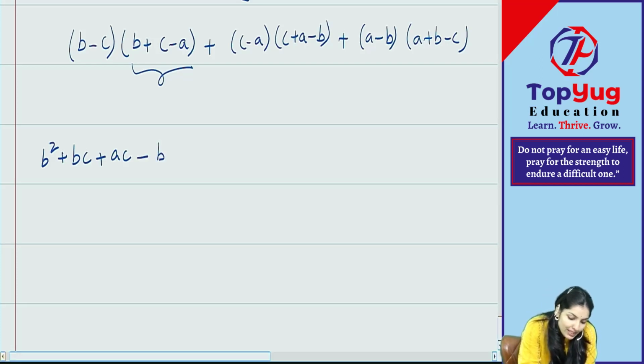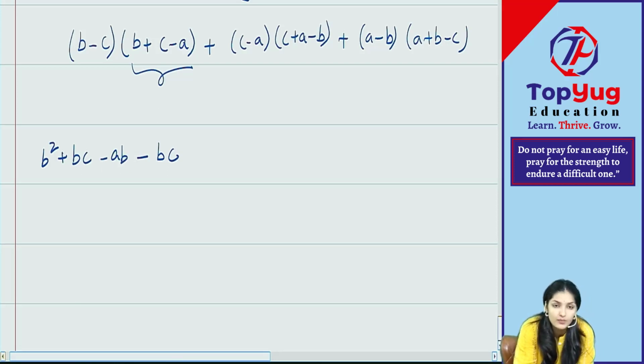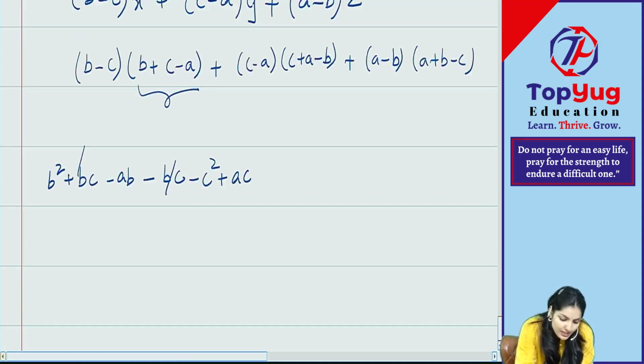Similarly now minus bc, because minus c into plus b, minus into plus is equal to minus. Minus ab. Now minus bc, minus c square, plus ac. So I can cancel minus bc plus bc.